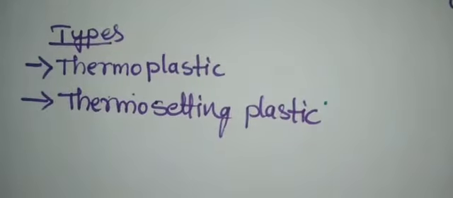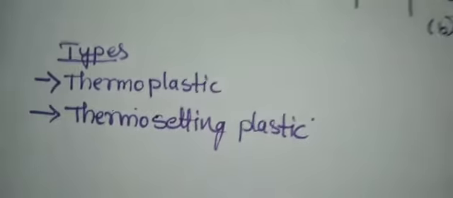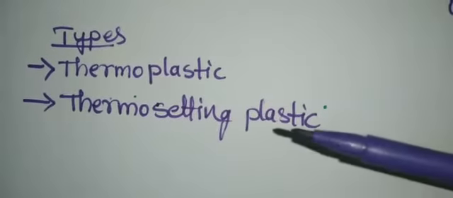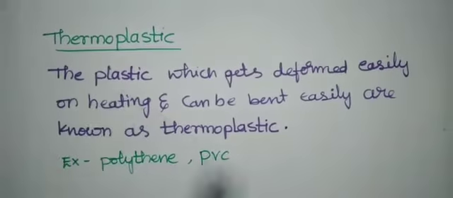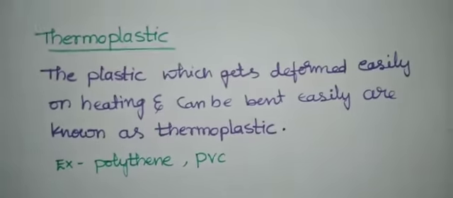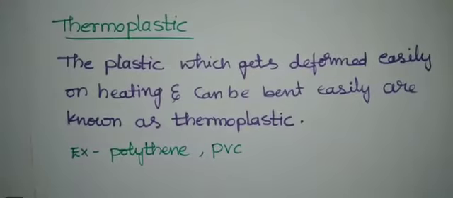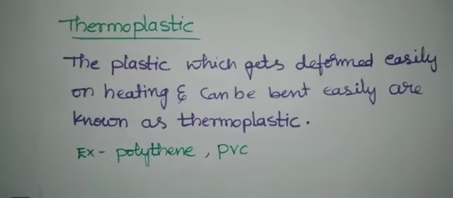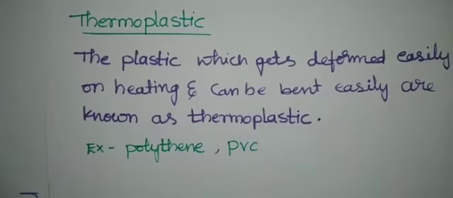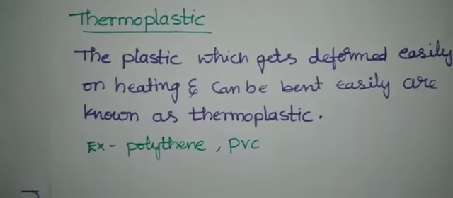So there are two types of plastics. One is thermoplastic, another one is thermosetting plastic. First one is thermoplastic. Students, you might have observed when we add hot water to a plastic bottle, it gets deformed, right? It will change the shape of the plastic bottle.